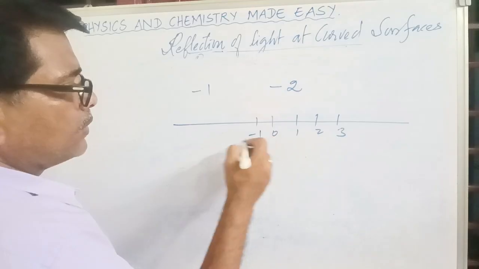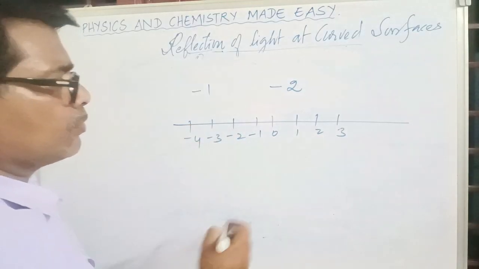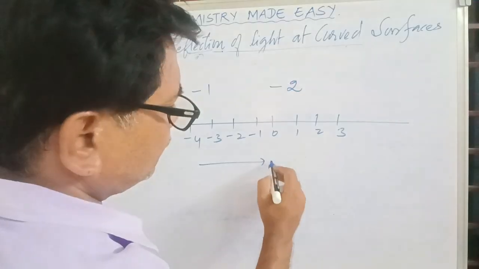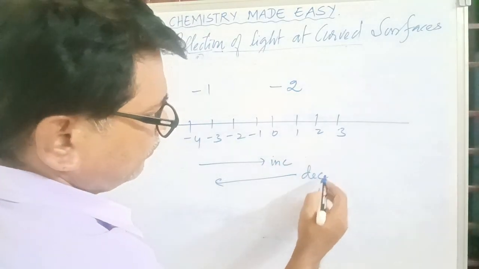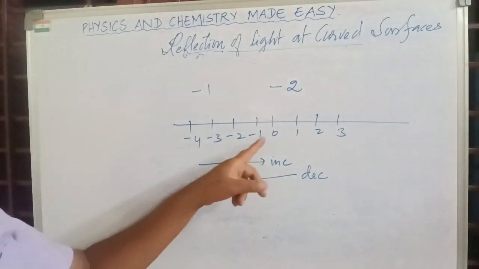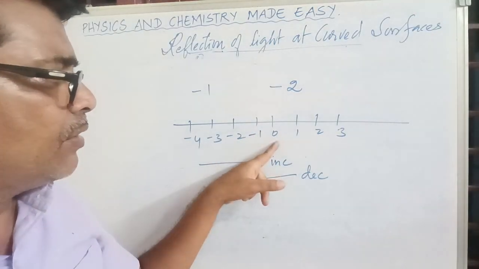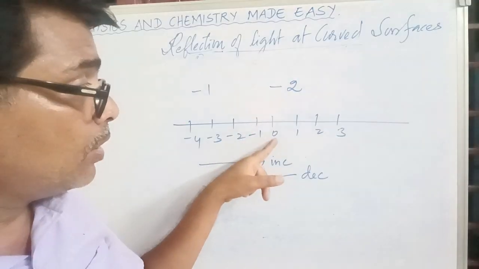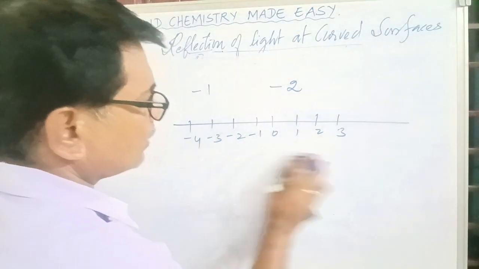And this side is minus 1, minus 2, minus 3 and minus 4 goes on. Generally speaking, as you move this side, the numbers are increasing, and as you move this side, they are decreasing. Everybody knows. 0 is greater than minus 1, because minus 1 is less than 0. Minus 2 is much less than 0. It's understood. But this is the number line.